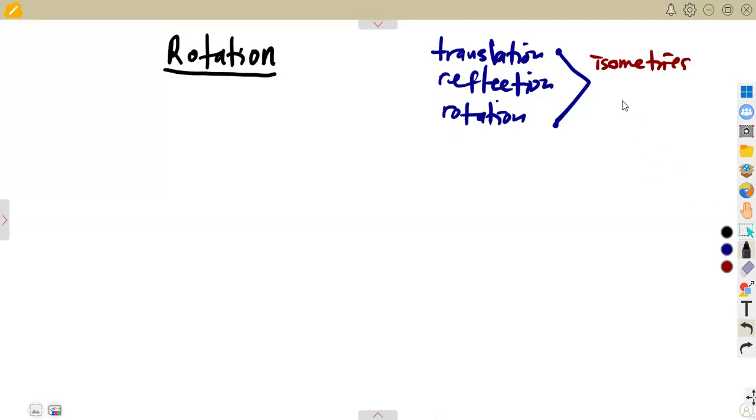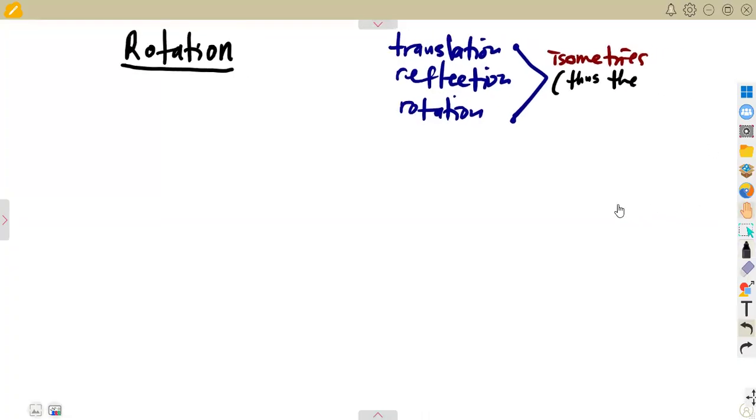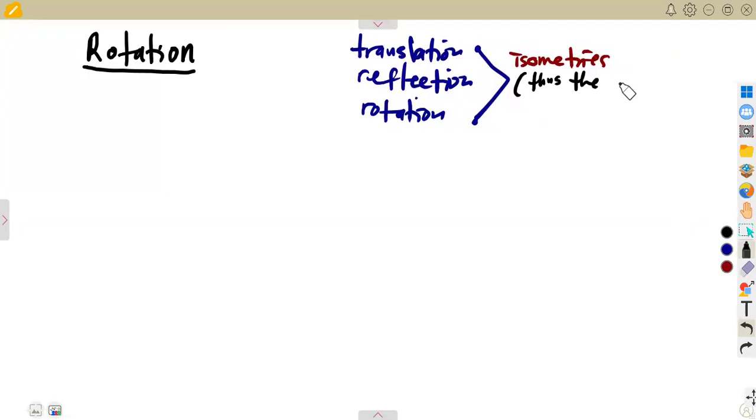So we are saying the object and the image are congruent. Now you understand me if I'm referring to this object and image from the translation and reflection concept.